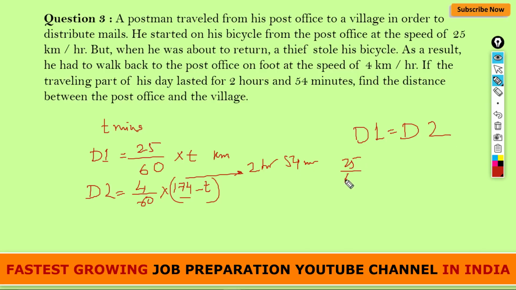What we get is 25 by 60 into t equal to 4 by 60 into 174 minus t. Both the 60s will cancel out.